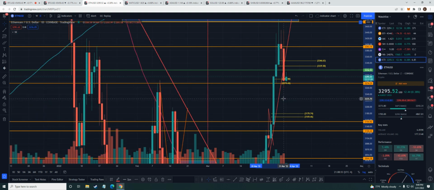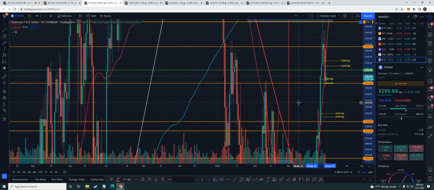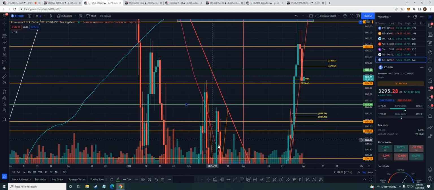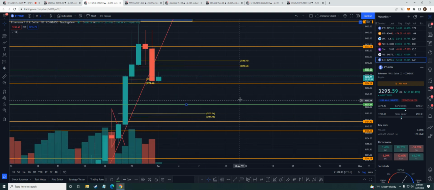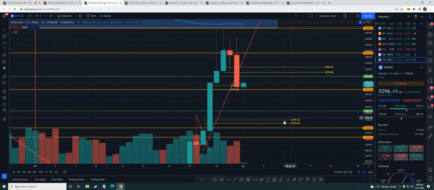Let's see if we can find a good target here. $32.07, 32 area. So right here, boom, boom, boom, right there. Okay. And we also have our fib down here too, which was my second level.